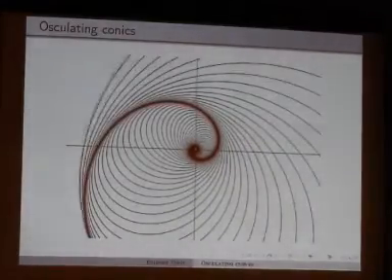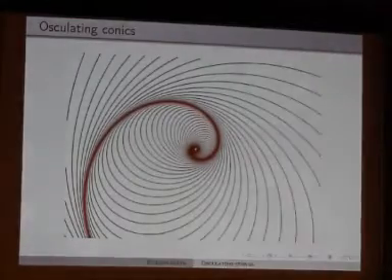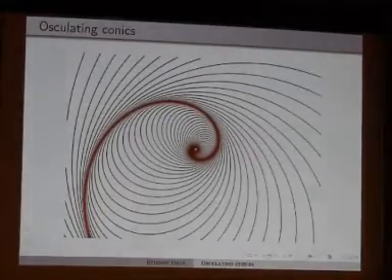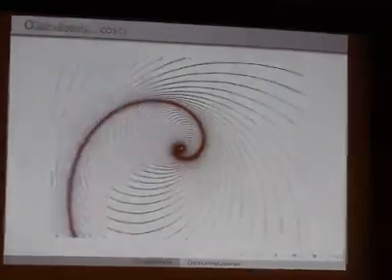The contact is better with ellipses than with circles. And you have the same picture. The ellipses do not intersect. Basically the same theorem, same proof.